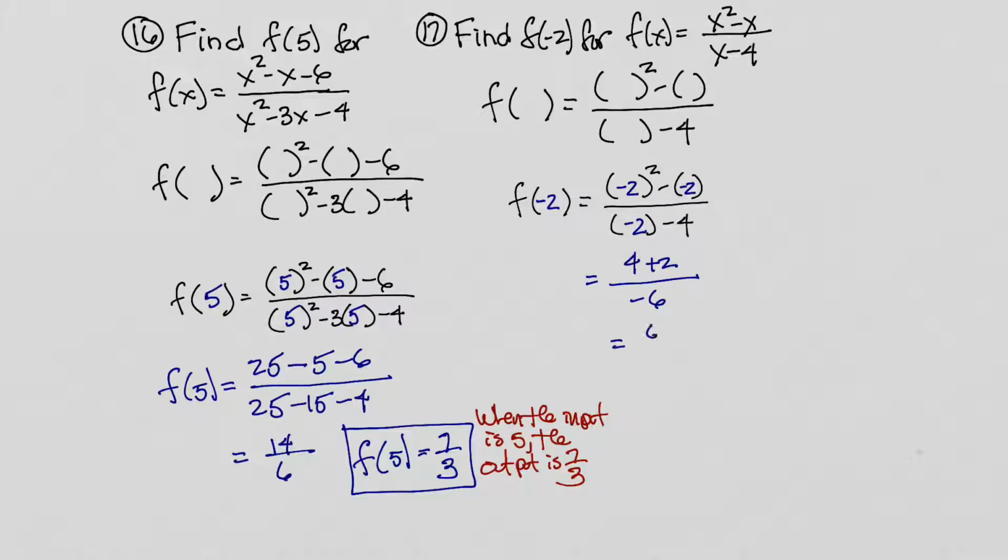So we end up here with 6 over negative 6, which turns out to be negative 1. So we're saying that f of negative 2 is negative 1. And in terms of an application, this function is going to take a negative 2 and convert it into a negative 1.